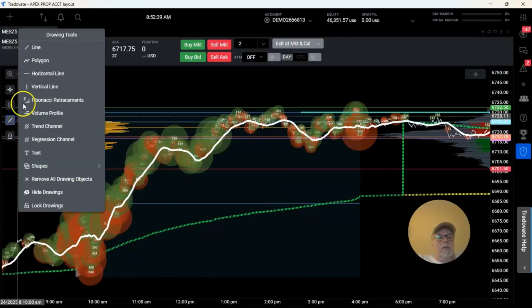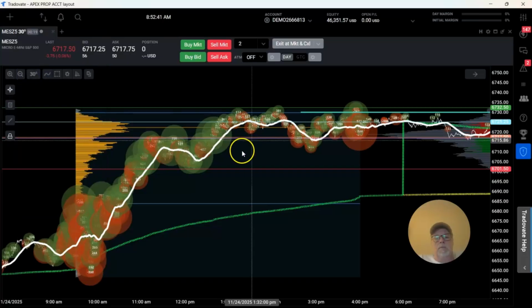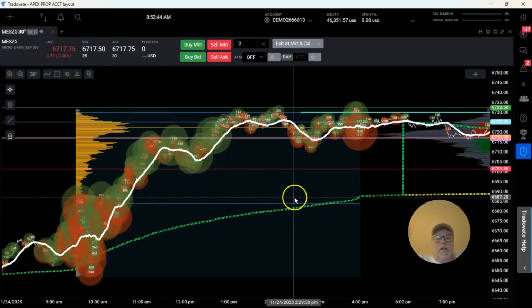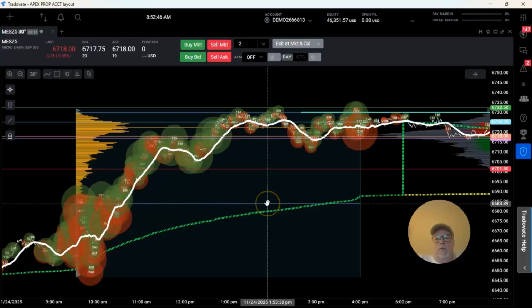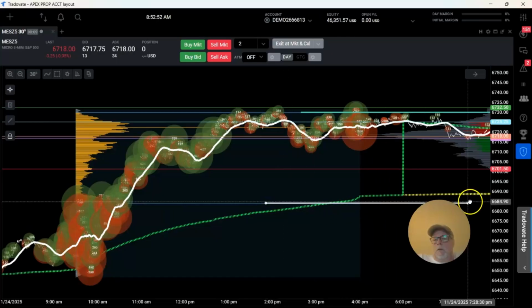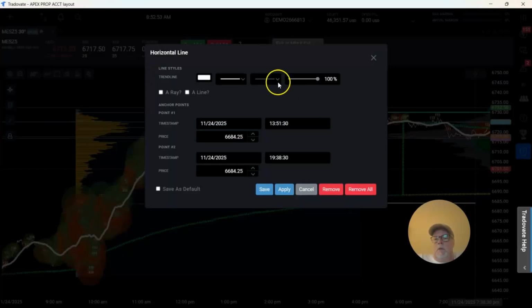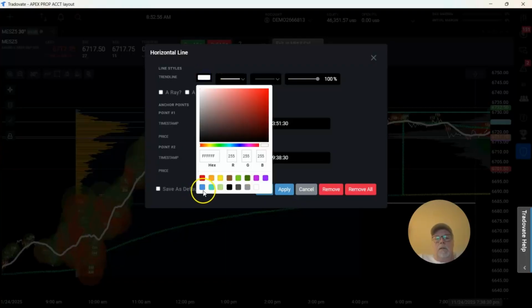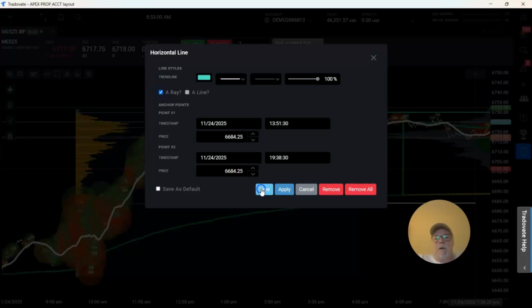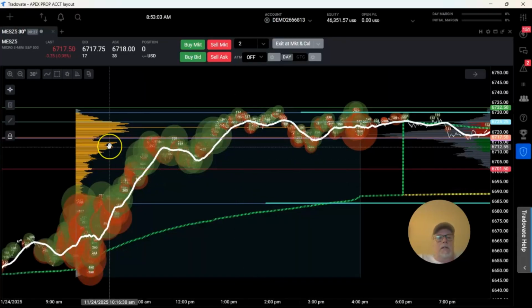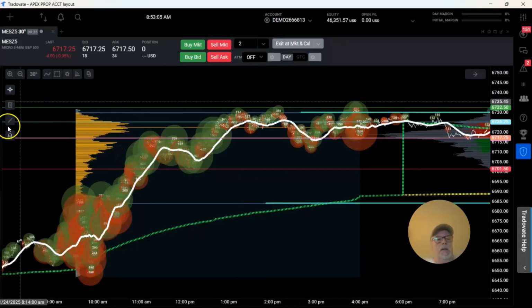I'm going to do the same thing with the bottom line, this value area low. Extend it out. Double click it. Turn it blue. Make it array so that it extends into my current session.